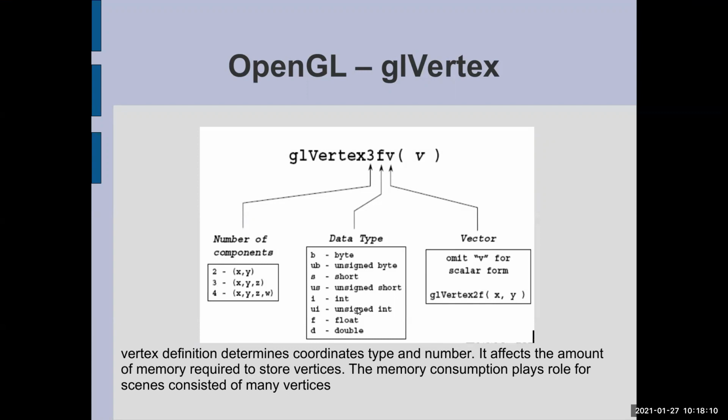If we have 3 coordinates of double type, they are 8 bytes each, so we have 24 bytes per vertex. So for 1 million vertices, we have 24 megabytes. So depending on our scene and on the resolution we want to achieve, we use different types and different numbers of components.